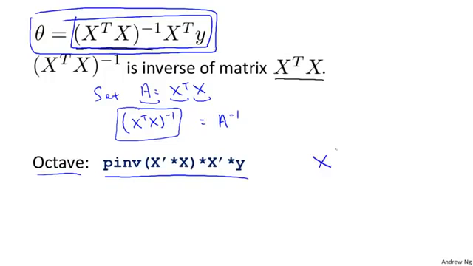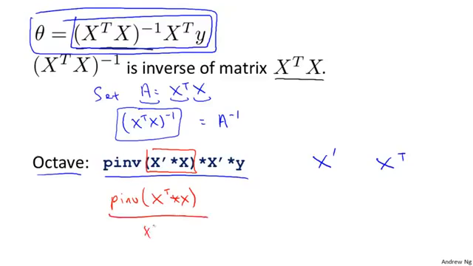In Octave, X prime is the notation that you use to denote X transpose, and so this expression that's boxed in red is computing X transpose times X. pinv is a function for computing the inverse of a matrix, so this computes (X transpose X) inverse, and then you multiply that by X transpose and you multiply that by y, so you end up computing that formula.